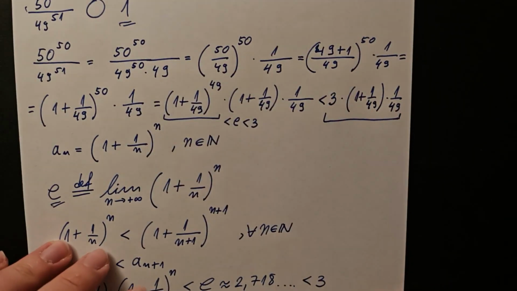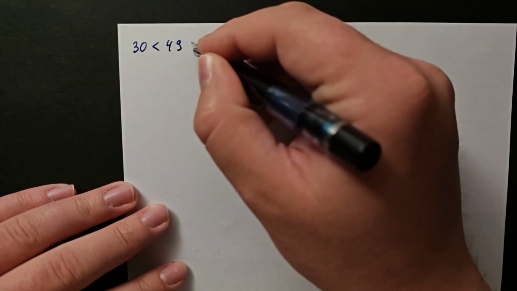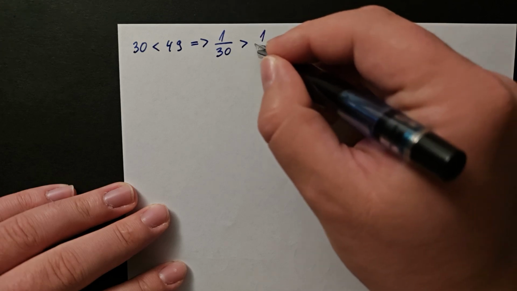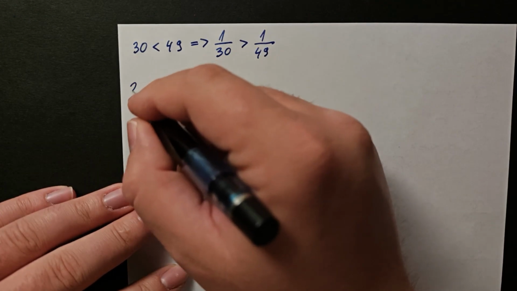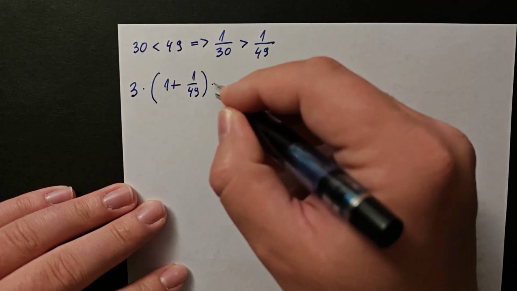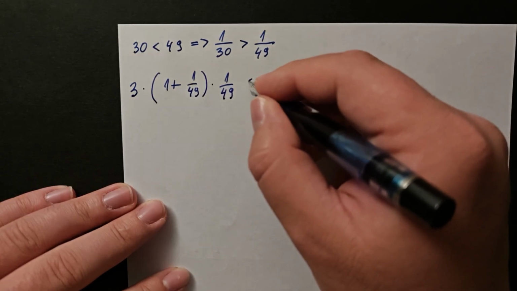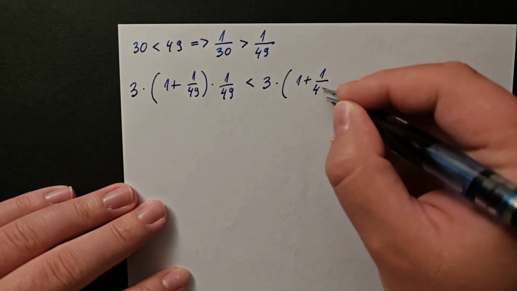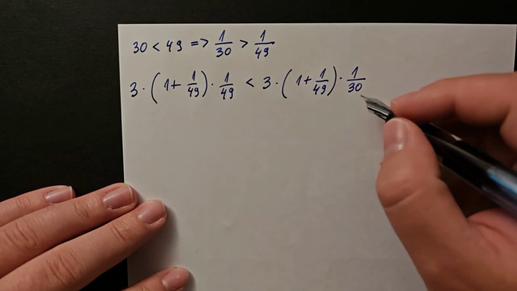So let's do that. So we know that 30 is smaller than 49, and that means that 1 over 30 has to be larger than 1 over 49. So our number 3 multiplied by 1 plus 1 over 49 multiplied by 1 over 49 has to be smaller than 3 multiplied by 1 plus 1 over 49 multiplied by 1 over 30.